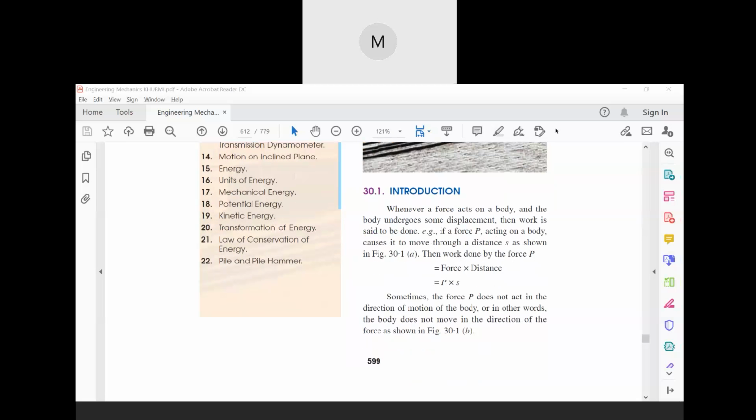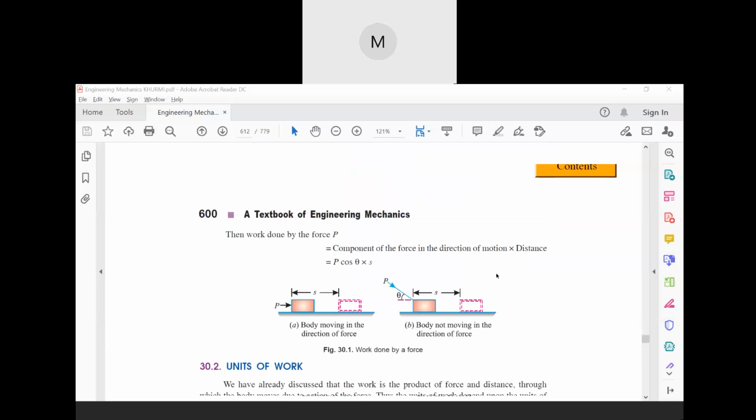Now if you see in certain cases, the force P does not act in the direction of motion of the body. That means the body is moving in one direction and the force is acting in some other direction, like this one.